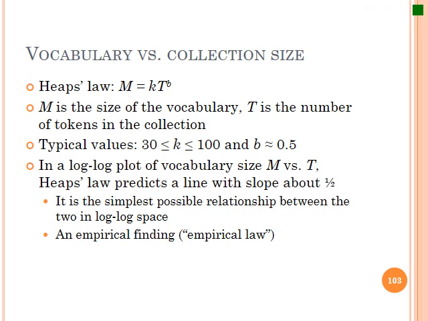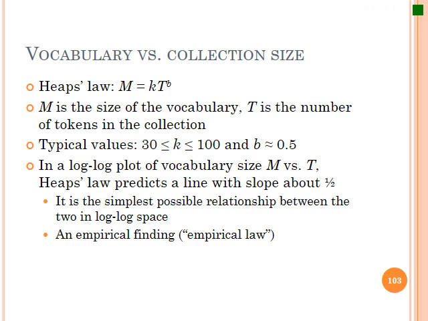So n is equal to k times t to the power of b. n is the size of the vocabulary, the total number of distinct terms, and t is the total number of tokens in the document collection. The k and b are parameters. Typically, k is between 30 and 100, and b is close to 0.5.